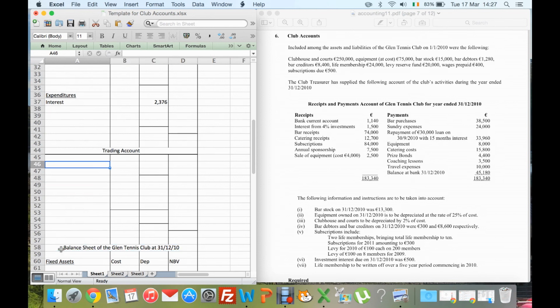So we start off with our bar sales. So the basic structure from junior cert. And then we'll have opening stock. We'll have bar purchases. And then we'll have closing stock.